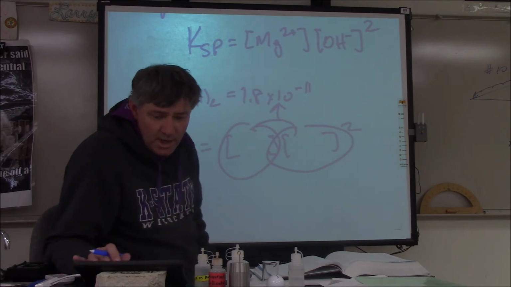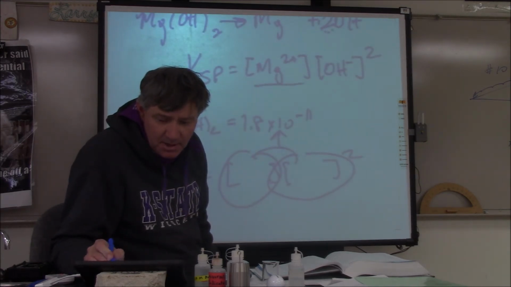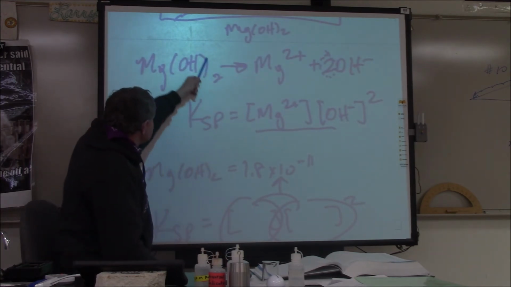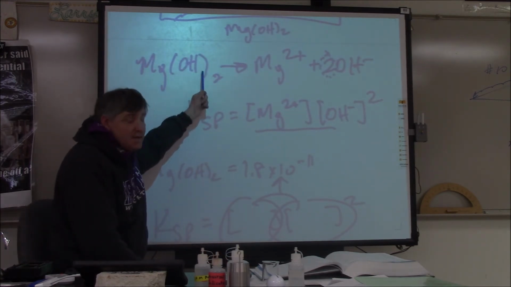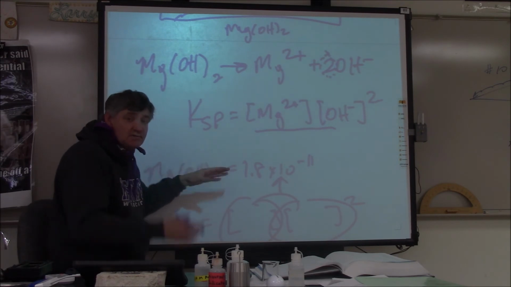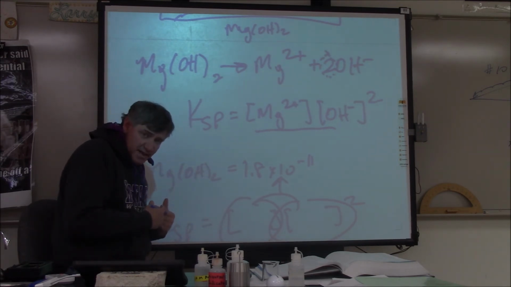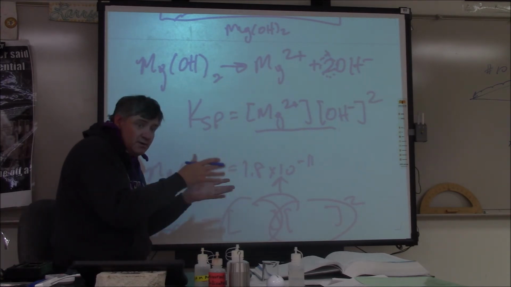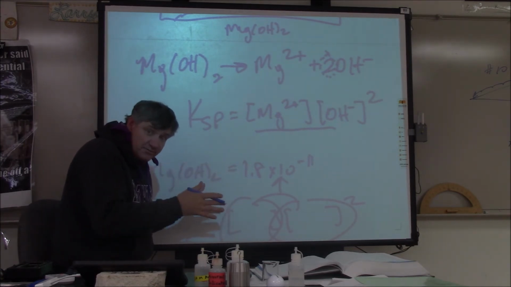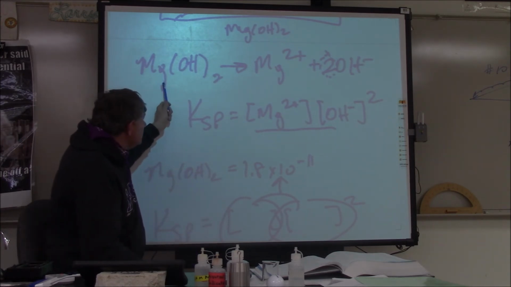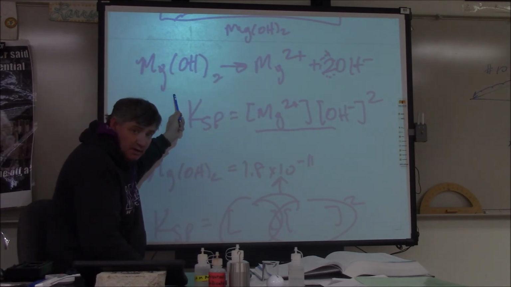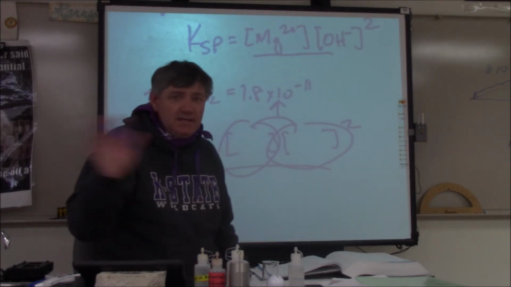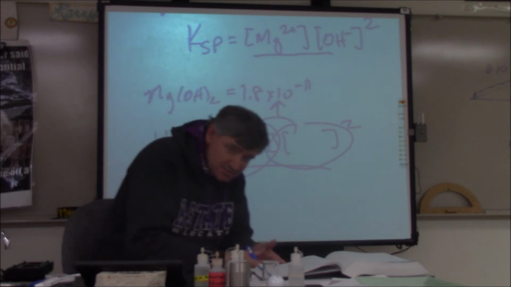Notice that I don't divide by anything. The reason that I don't divide by anything is because this is a precipitate. If it's Ka values, I divide by the concentration of the acid because I can talk about that concentration. What's the molarity of the original form of the acid? I don't do that with this because this is a solid.